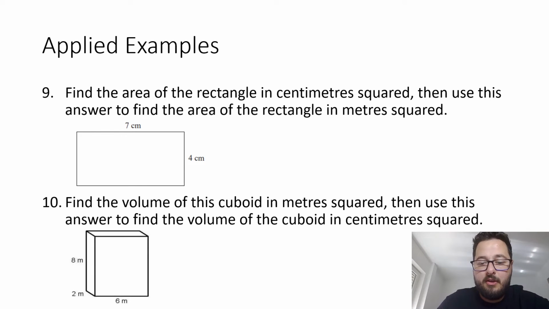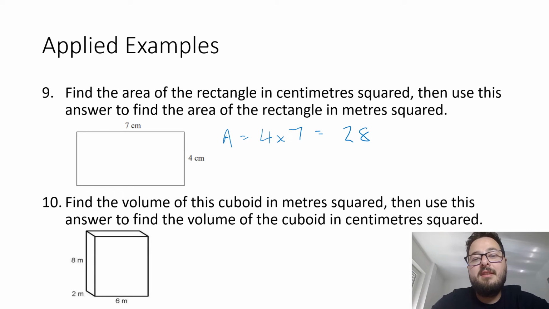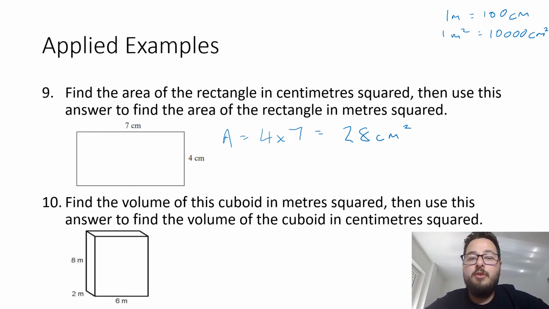Okay, so let's just first find the area. So A for area, well, with a rectangle, it's just base times height, so 4 times 7, which is 28 centimeters squared. Now we want to turn this into meters squared, so let's remember that 1 meter is 100 centimeters, and so 1 meter squared is going to be 10,000 centimeters squared just by squaring 100.